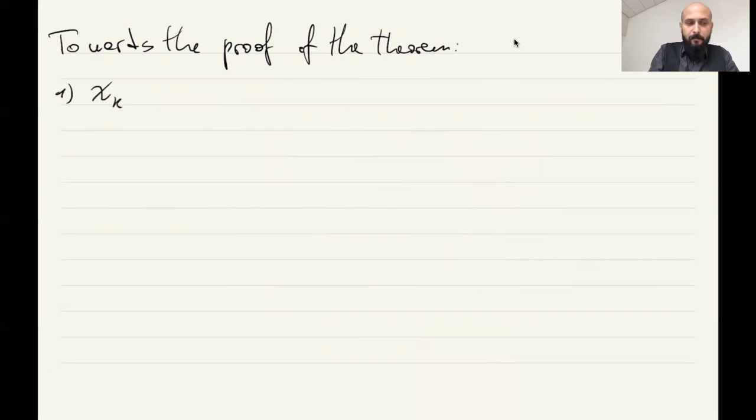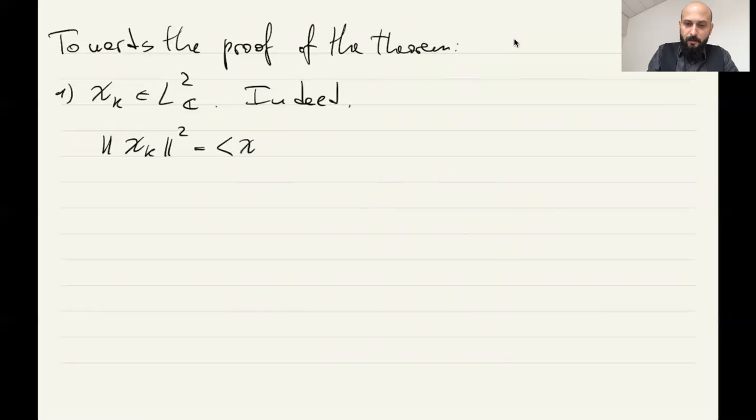But let's prove that this sequence forms a Hilbert basis. So, toward the proof of the theorem: first of all, it's clear that these functions are functions in L2. One can write the norm, or better the norm squared.